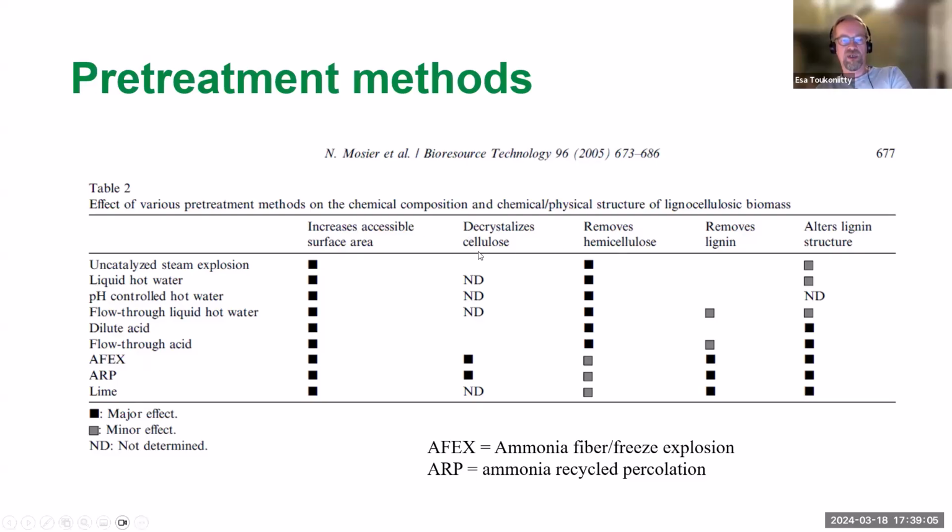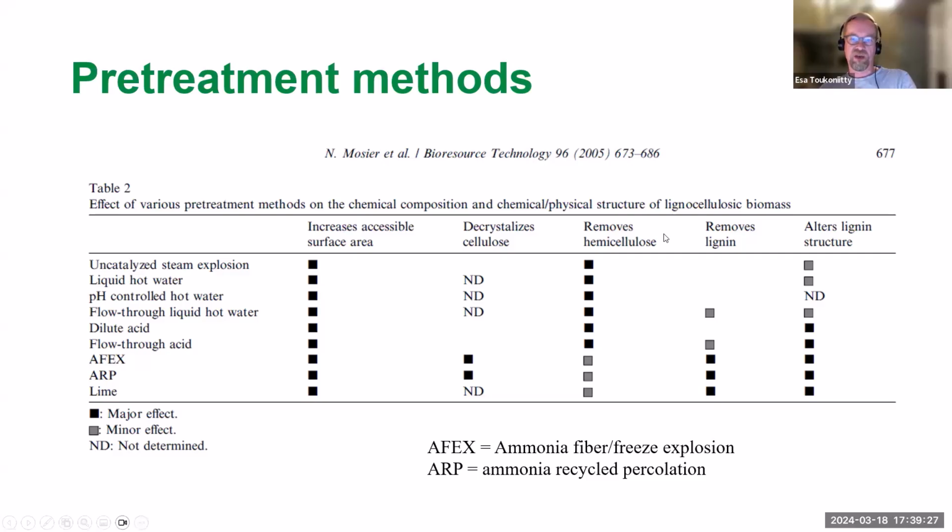Decrystallize cellulose, that's one. If you are able to decrystallize the cellulose, it's easier to break into smaller oligomers, and it's more accessible to the chemicals and other pre-treatment materials that you apply.